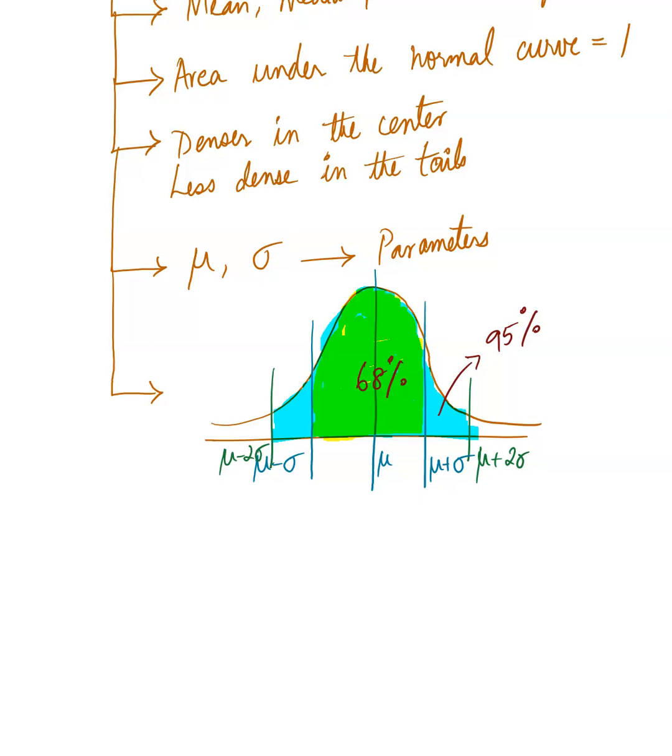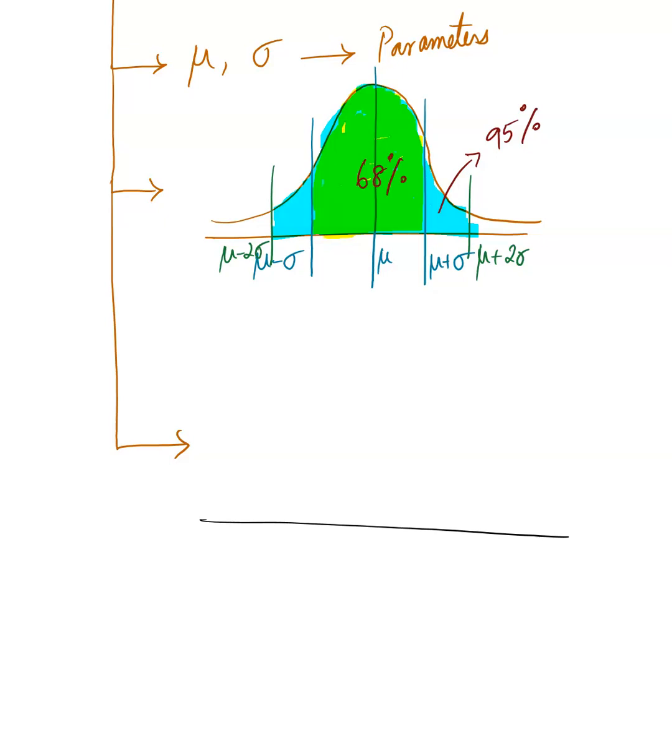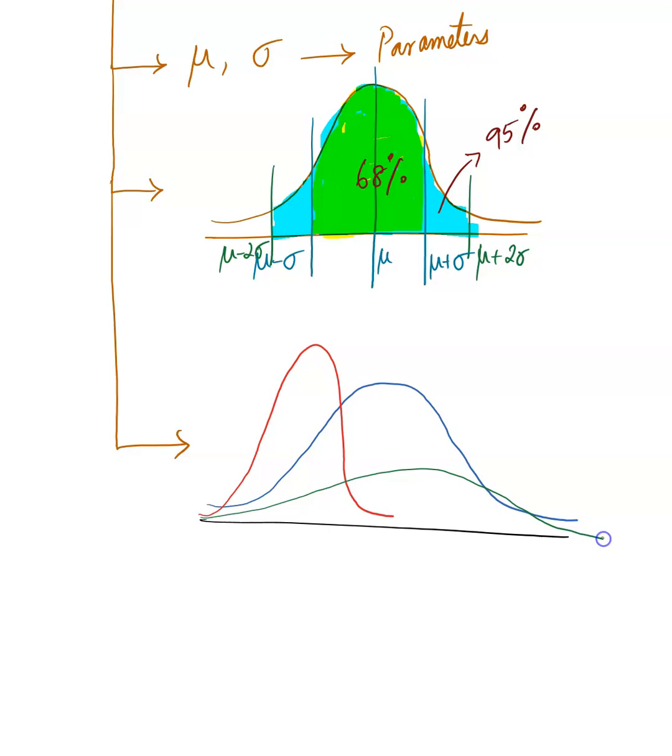So in other words, the spread of the data, or how widely spread it is graphically, just means that we're talking about the standard deviation. So if I gave you, let's say, 3 graphs, and let's say that went like that.